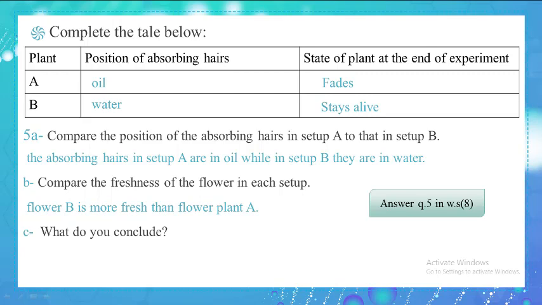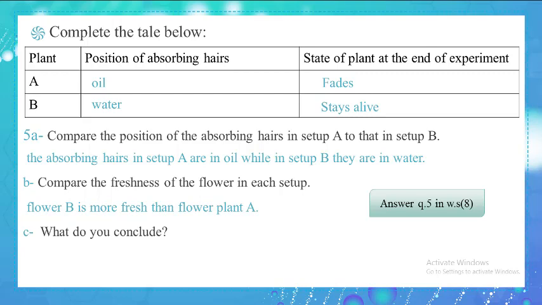What do you conclude from that? Flower A, in which the absorbing hairs are in oil, fades and dies, while flower B, in which the absorbing hairs are in water, stays alive. What does that indicate? Which part of the root was responsible for the absorption of water and mineral salts? In which case was water absorbed?